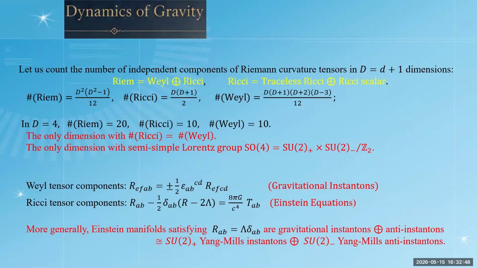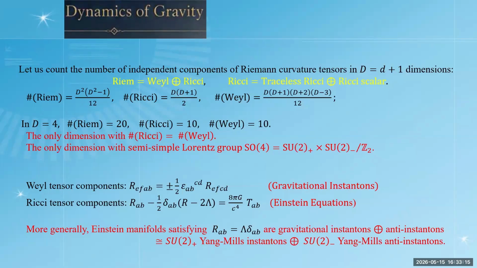Then we can count the independent components, and then we have this number. The Riemann tensor consists of two components. One is the Weyl tensor, which is the traceless component of the Riemann tensor, and the trace part is the Ricci tensor. We can count the Ricci tensor, then the remaining is the Weyl tensor.